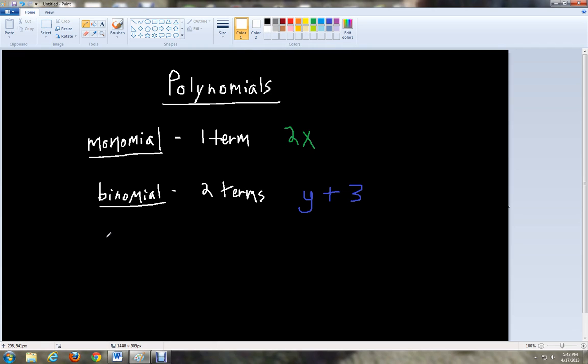The third type of polynomial is called a trinomial. You probably guessed that tri means 3, so you have 3 terms.